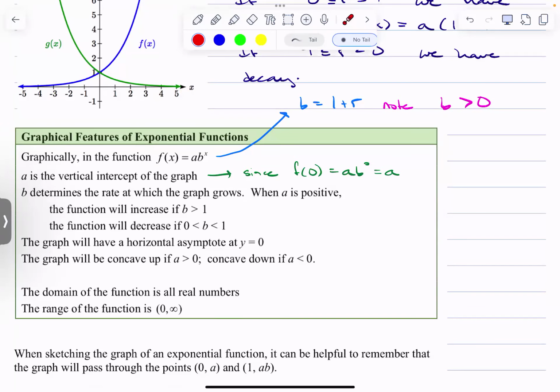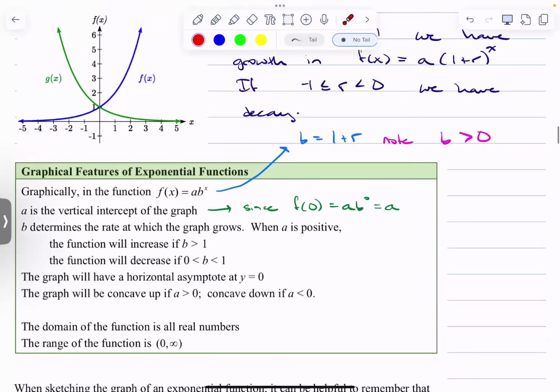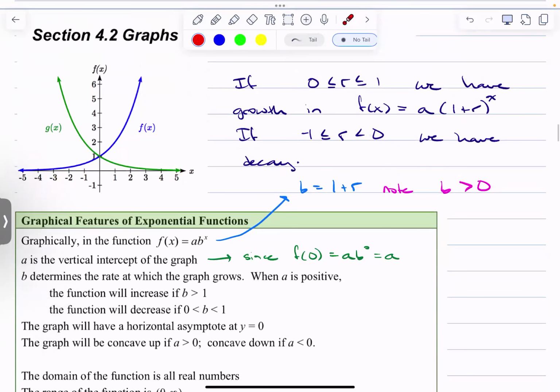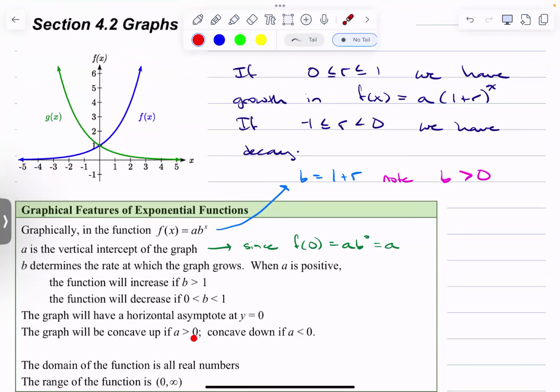And if you want to talk about how a influences the graph, the graph will be concave up if a is greater than 0. Remember, concave up is this way. And concave down, well, that's when we flip it upside down, if a is less than 0.